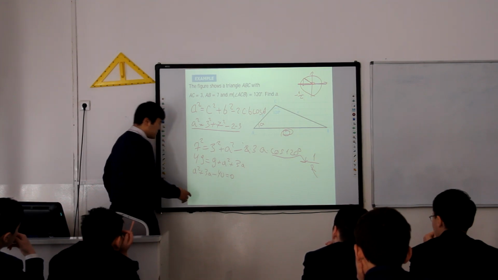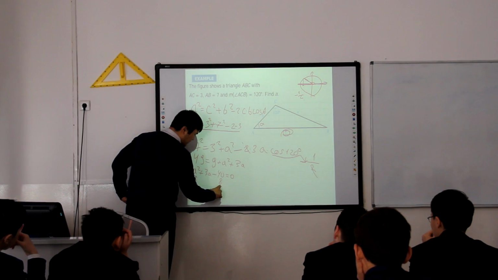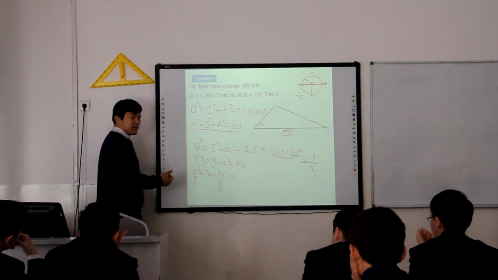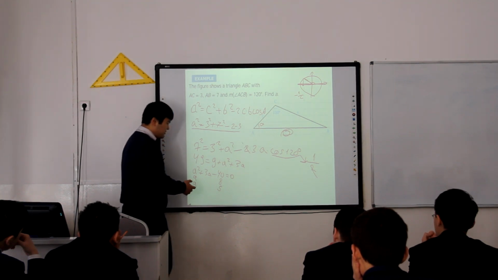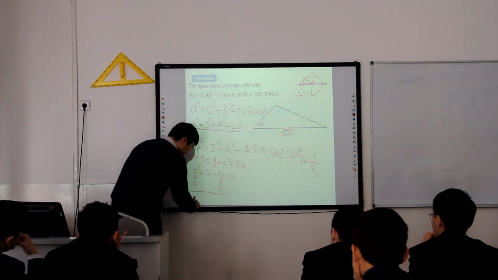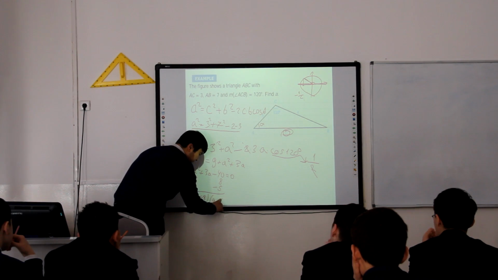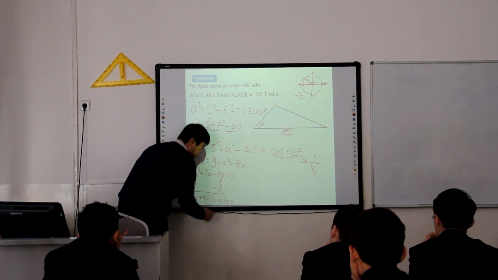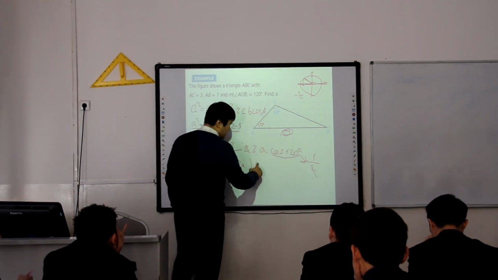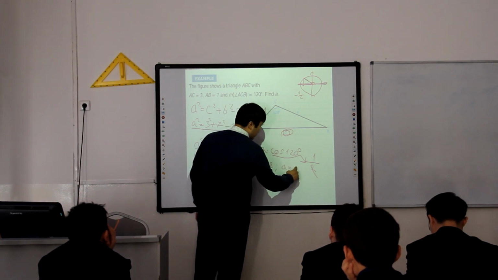Now I factorize: 8 and 5. One of them must be minus. Which one? 5, because our 3 must be plus, so 8 minus 5 is 3. That means (a plus 8)(a minus 5) is equal to 0. Now a is equal to minus 8, and the next one, a is equal to 5.